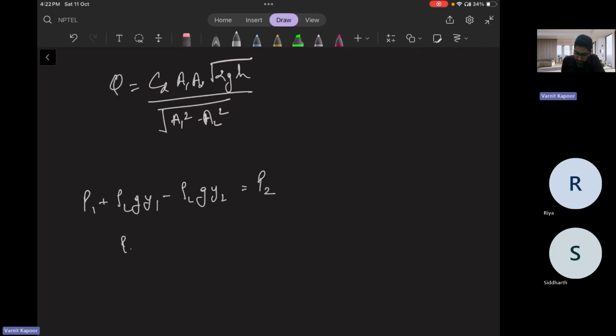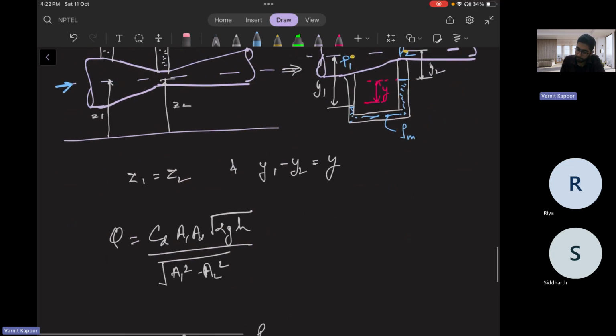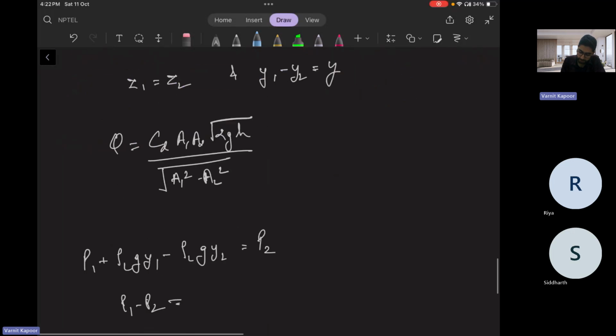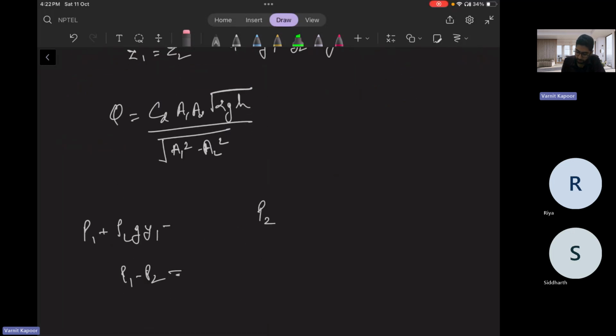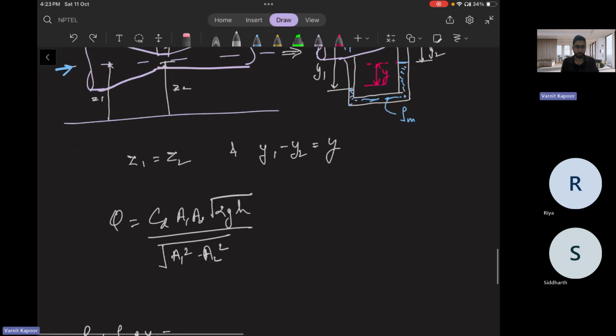So from here you get the pressure difference P1 minus P2. This is the manometric liquid, so this will be rho M. So this is rho M g y. My bad, I missed one expression: rho L g y, then we jumped from here to here, rho M g y, then above. Clear?